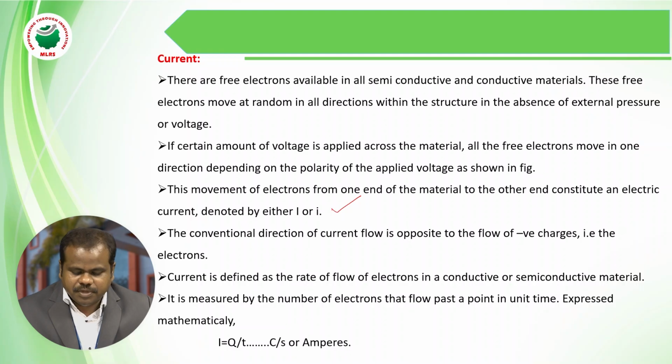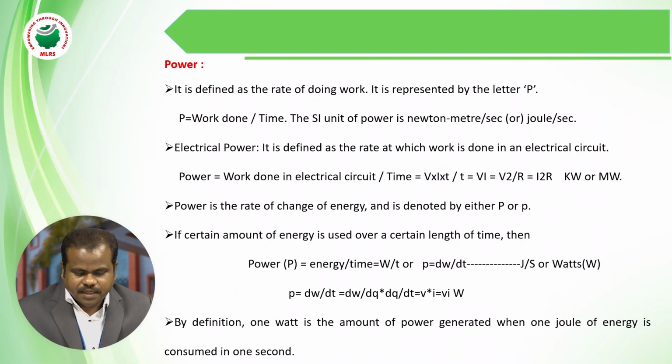Usually, it is measured by the number of electrons that flow past a point in unit time. It is expressed mathematically as I equal to Q by T, where Q stands for the charge and T stands for the time. Its unit is coulombs per second or ampere.